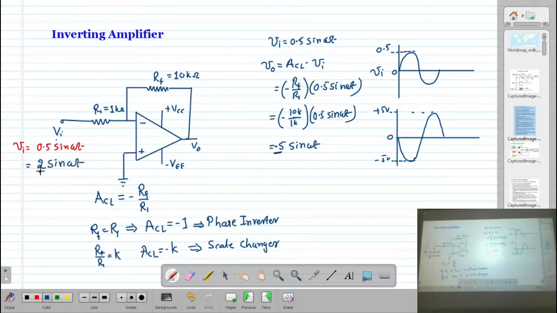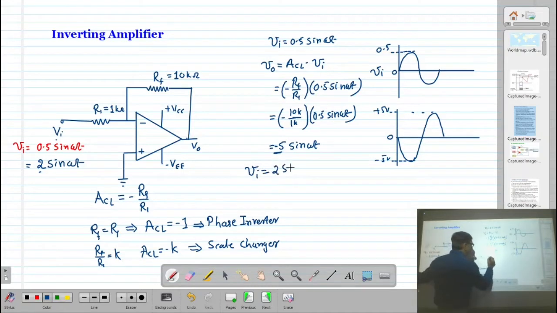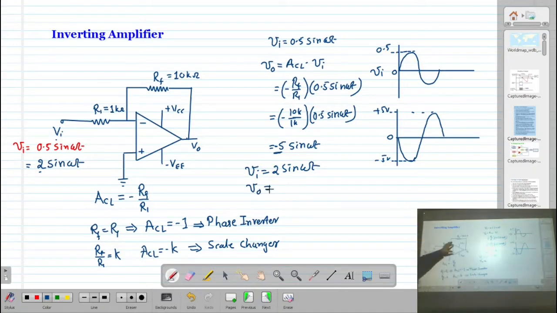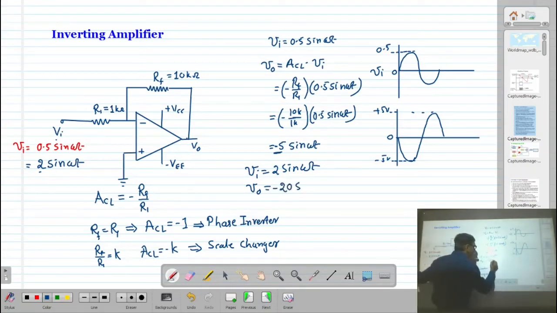Remember, 2 sin omega t. So when we have the input signal of 2 sin omega t, what will be my output voltage? Here the gain of the amplifier is 10. So the expression for the output voltage will be -20 sin omega t.